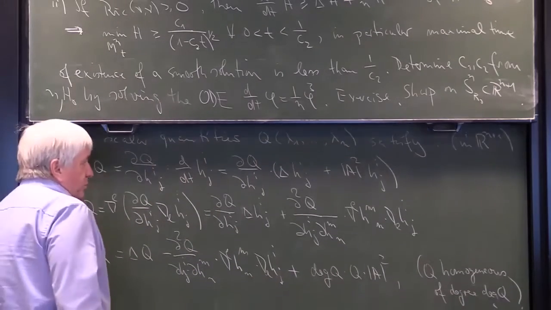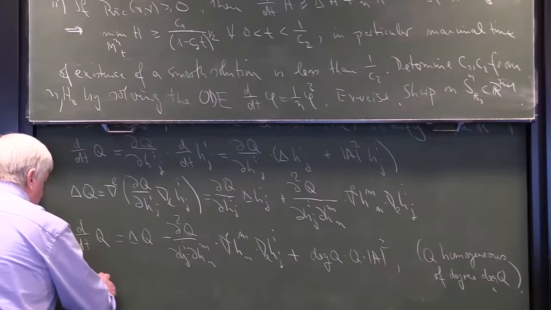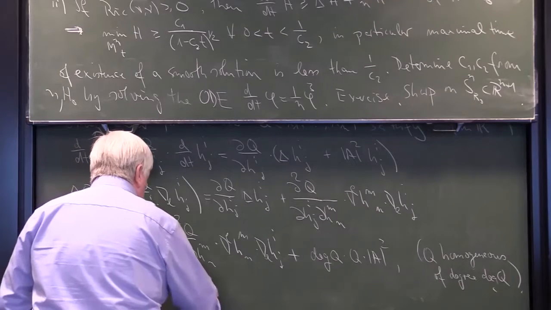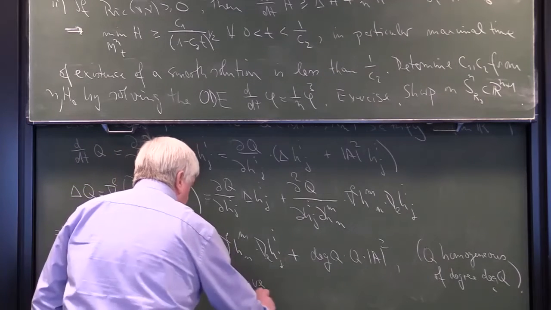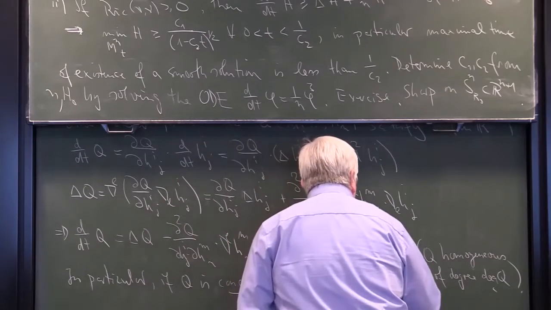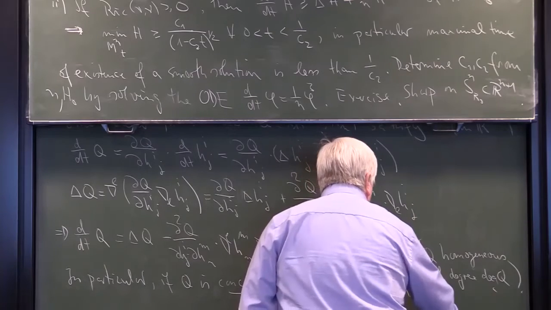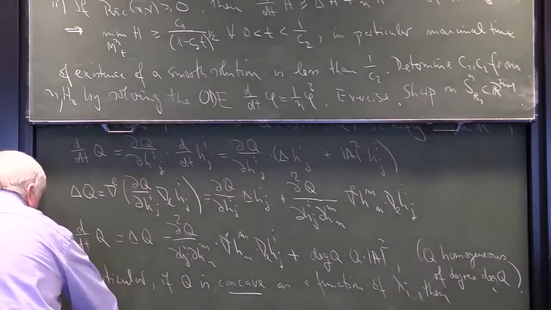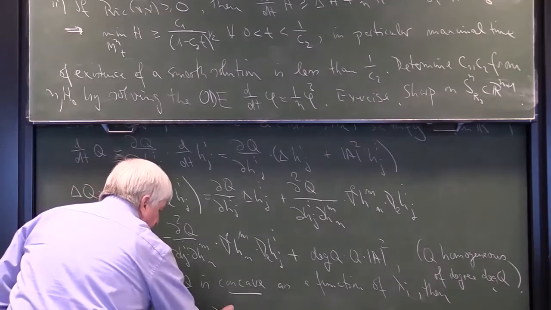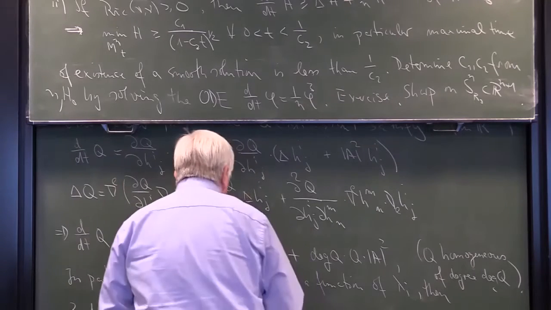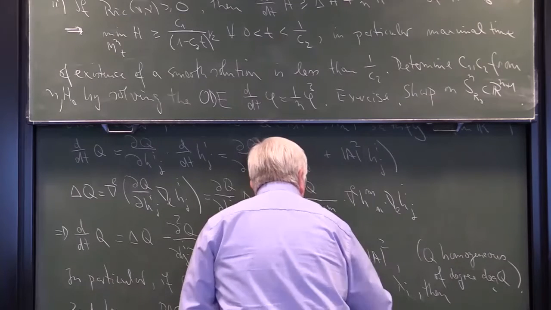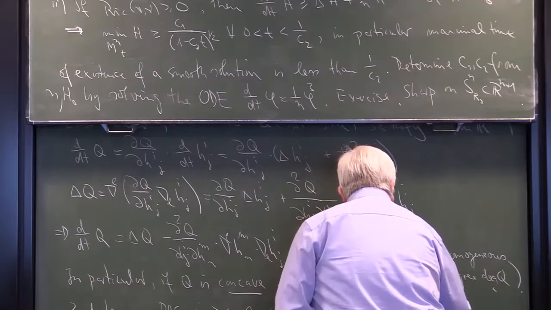So in particular, if Q is concave as a function of the lambda i's, then the second term on the right-hand side is greater or equal to 0, and you can get several results from the maximum principle as before.